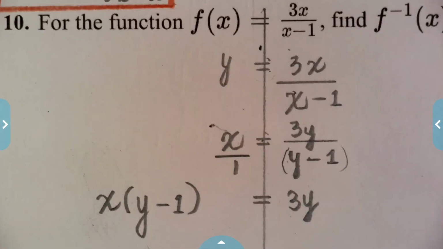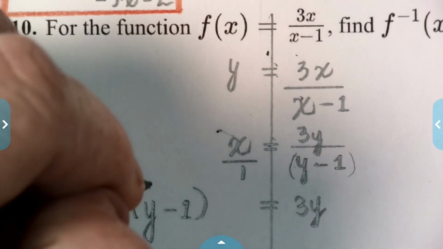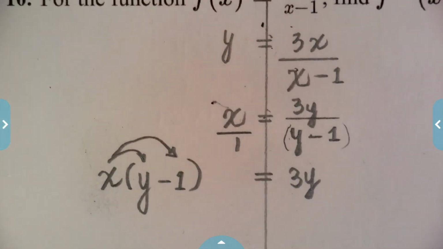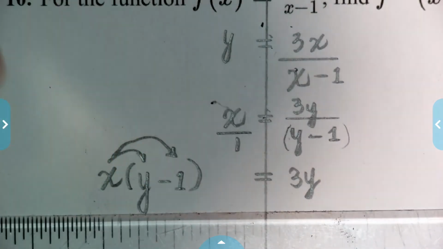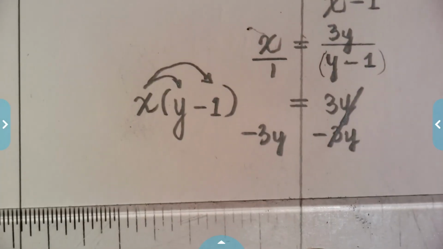All right, well, let's gather our stuff. So let's go ahead and distribute, multiply the x to both terms inside the parenthetical expression, and simultaneously we're going to subtract 3y from both sides so that the right side is just 0 temporarily.